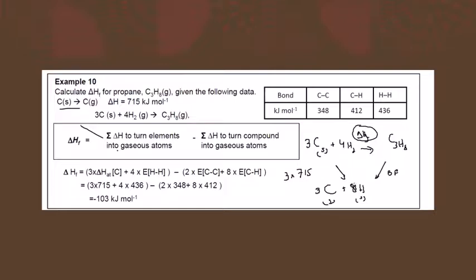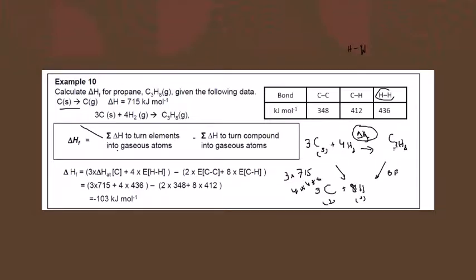Plus, how many moles of the bond energy is given for hydrogen? So how many bonds are there in H2? There is 1 bond in each molecule, and because there are 4 molecules, 4 bonds will be there. So it will be 4 multiplied by 436.